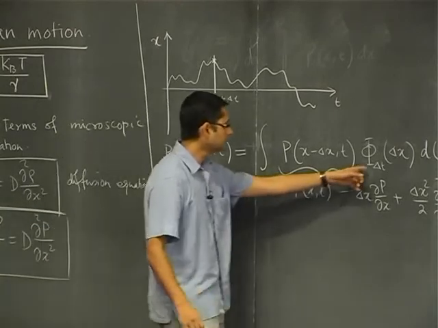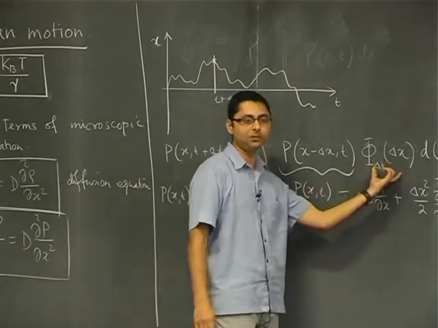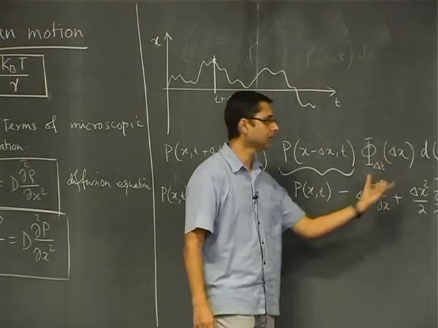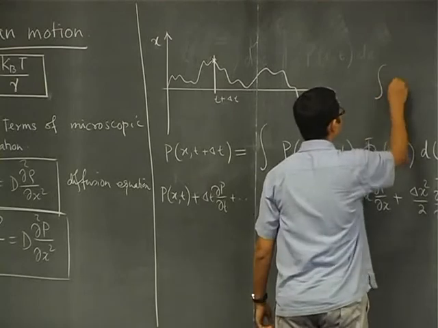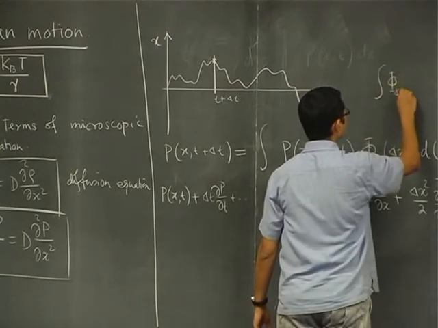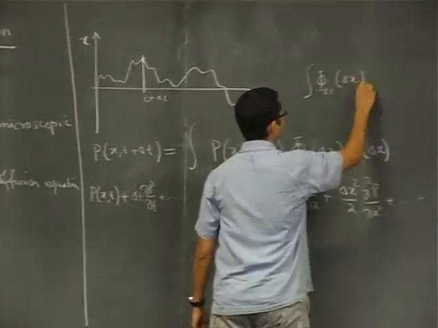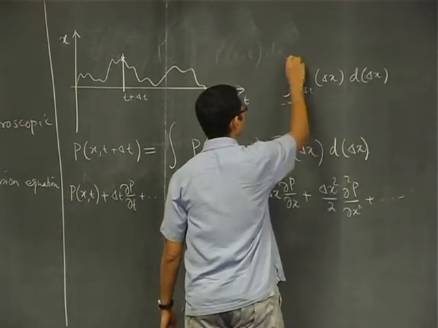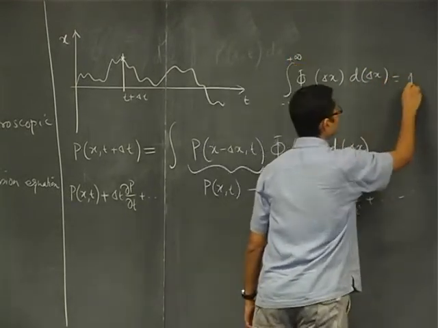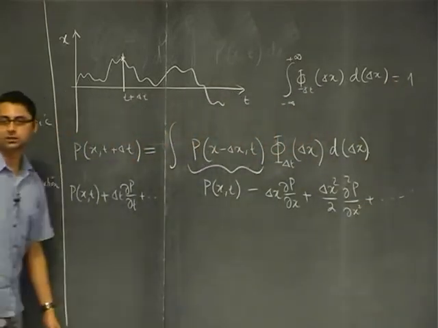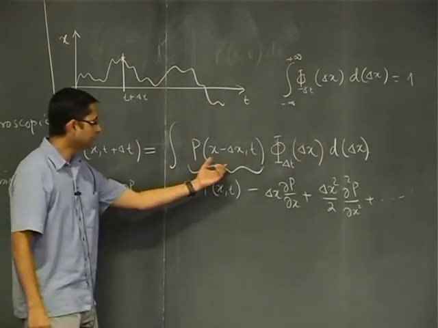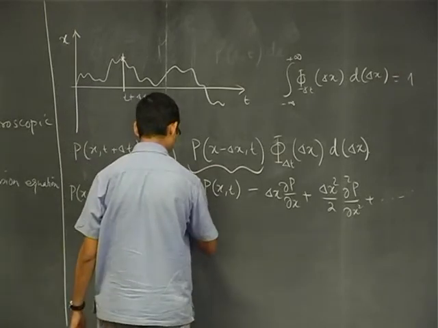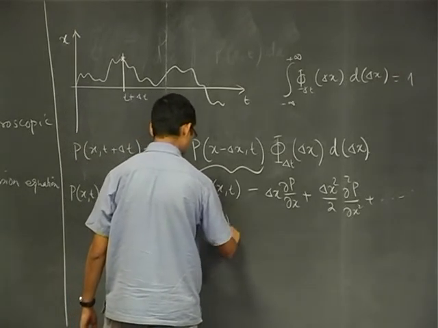If I do that, this phi is again a probability density, so it must be normalized. It means that the integral of phi of delta t, delta x d delta x from minus infinity to plus infinity must be equal to 1. So therefore the first term just comes out, and this is equal to P of x,t.